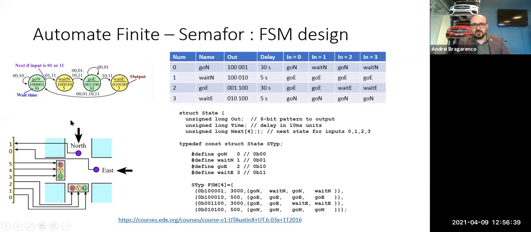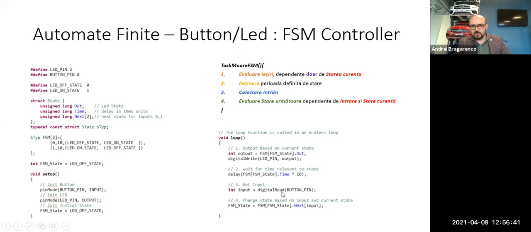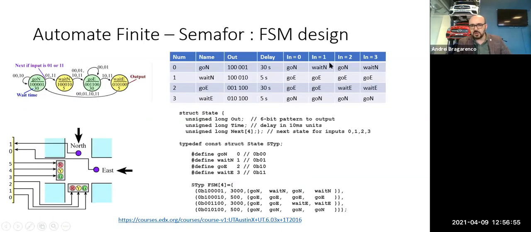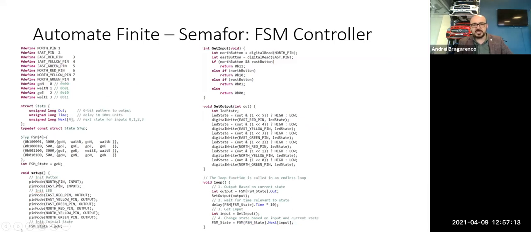For the input we got 2, because we have only 2 combinations. For the traffic light we have 4. Now this is the table. The table is exactly what we have here, converted from the state machine diagram. The state machine diagram is converted to the table, converted to the finite state machine configuration table. Now for the setup, we are setting the direction of the pins.